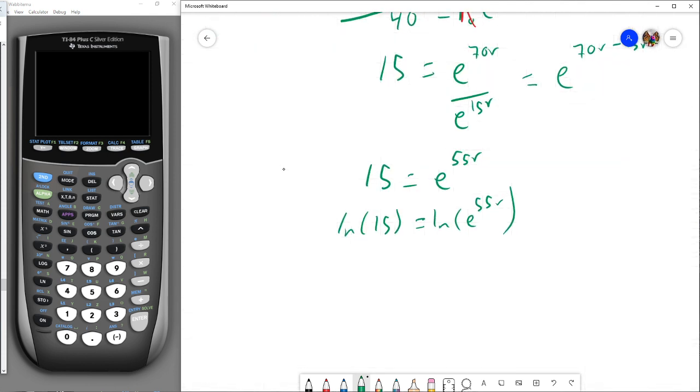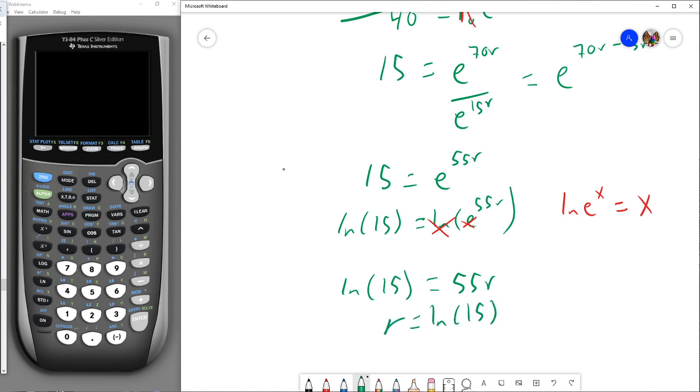I picked natural log because that's log base e, so we can use the property natural log of e to the x is x. And now we just have natural log of 15 is equal to 55r. We could divide out the 55 and get r is equal to natural log of 15 over 55.